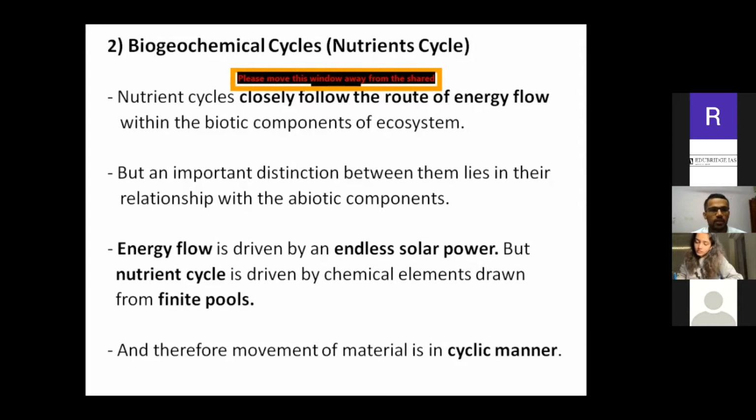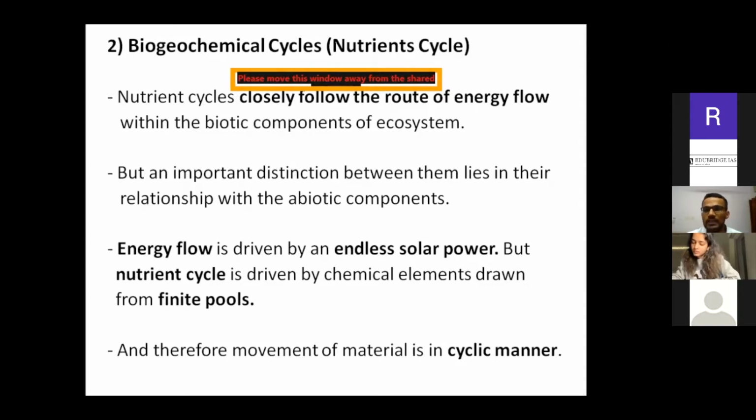Fine. Next, energy flow is driven by an endless solar power. This is also a very important point. Energy flow amongst trophic levels is driven by endless solar power. There is no limit to the solar power that we can use, or the amount that we receive from the sun. Only 0.02% of that power is used for photosynthesis. Right? So that is endless power.